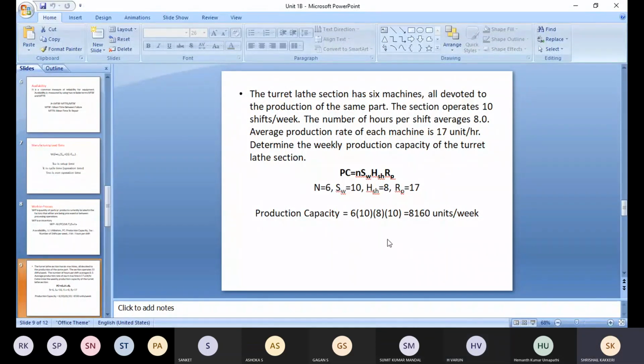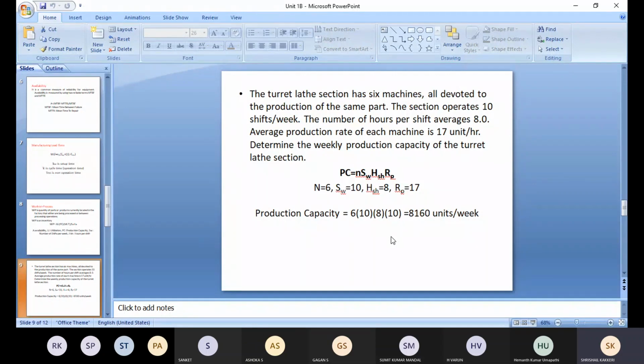A turret lathe section has 6 machines. N is equal to 6, and all devoted to the production of the same part. That means it is a job shop production. The section operates 10 shifts per week, so SW is 10, and it works 8 hours per shift, so SH is 8.